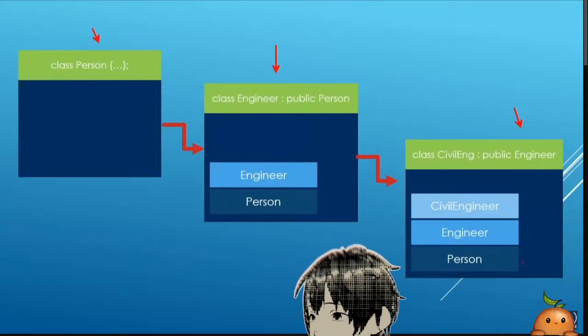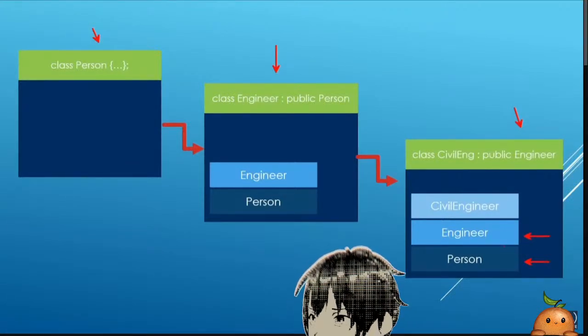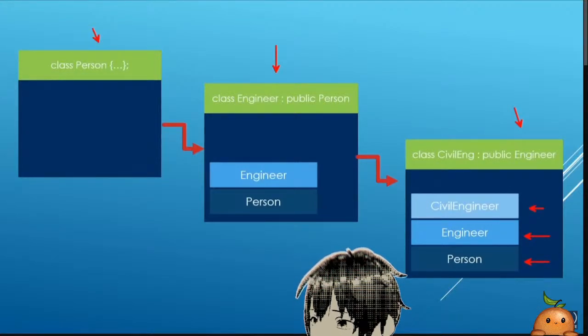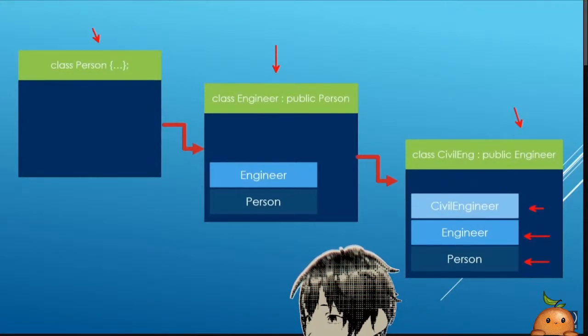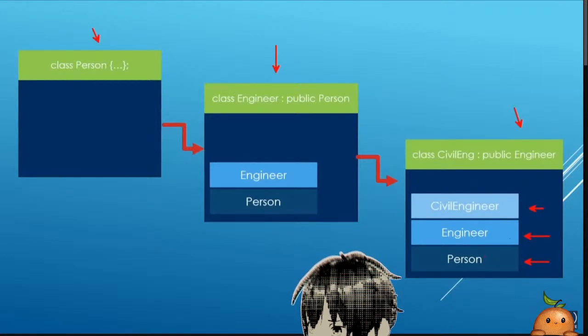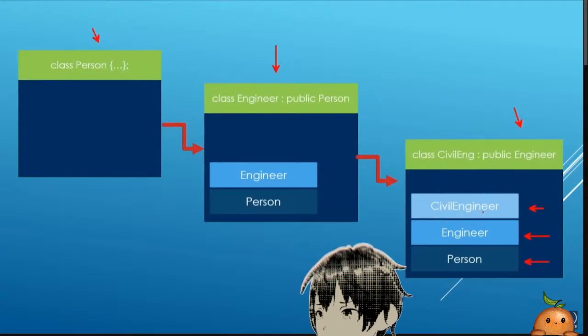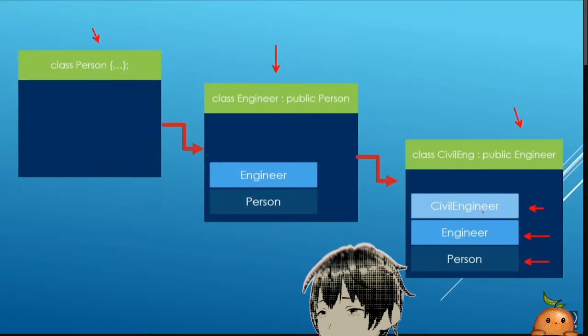We are going to build the person part of us, we are going to build the engineer part of us on top of that, and we are going to build the civil engineer part of us on top of that. So the constructors are going to be called in this order. We will call the person constructor first, engineer constructor after that, and then a civil engineer constructor after that to set up our civil engineer object.